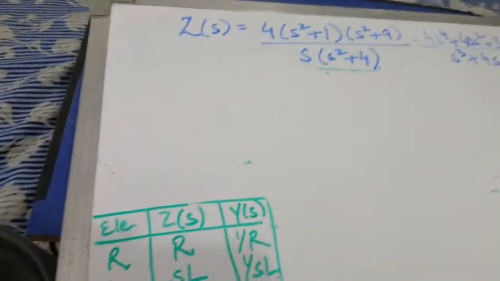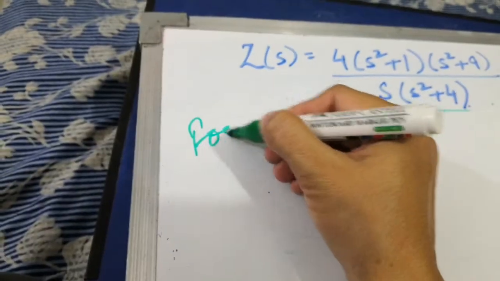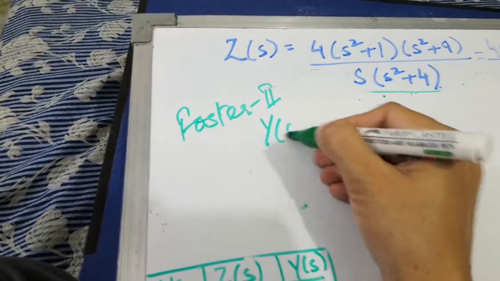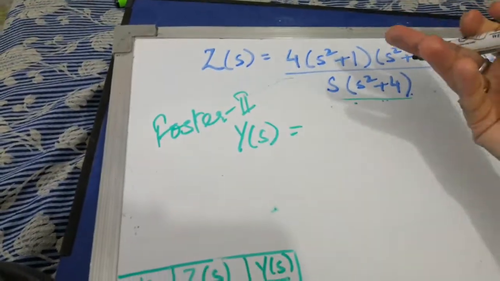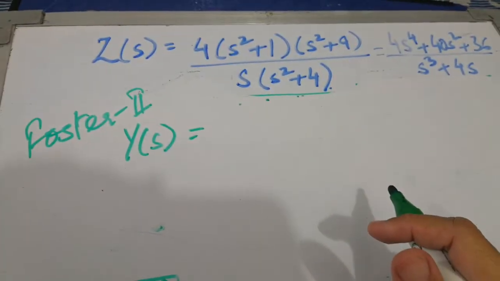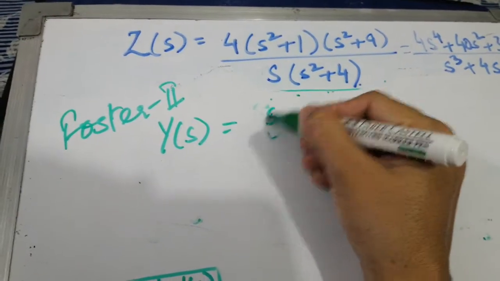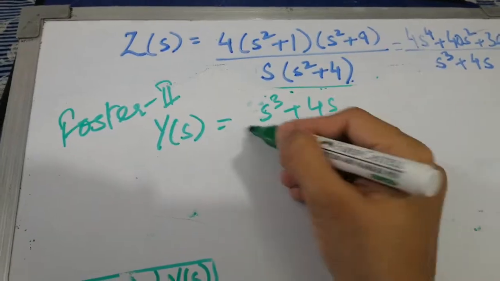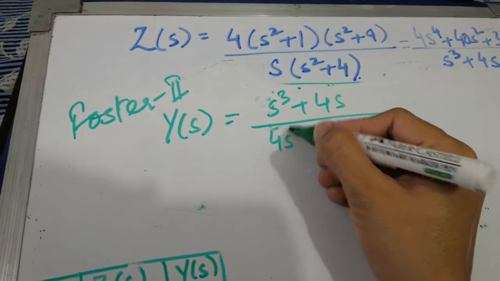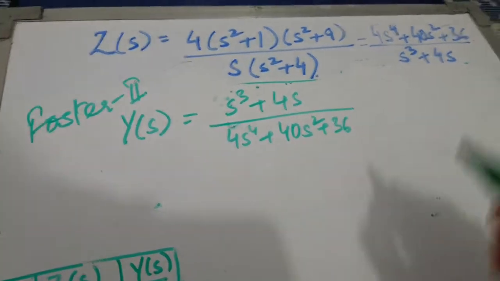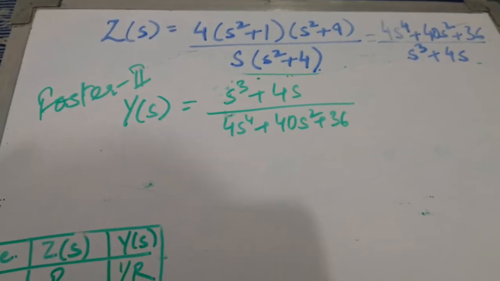So as I already told you, for your Foster 2 form, what you require is the admittance function. Admittance means you have to take the reciprocal. So when you take the reciprocal, what you are going to get is s cube plus 4s in the numerator, while 4s4 plus 40s square plus 36 as the denominator function.